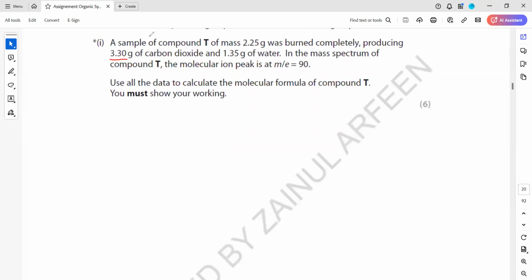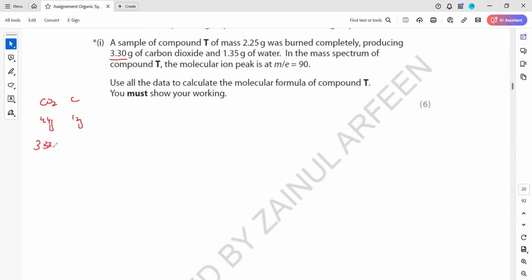First, from the mass, we have 3.3 grams of carbon dioxide. So first we'll find the mass of carbon. As we know, if we have 44 grams of carbon dioxide, it will have 12 grams of carbon.